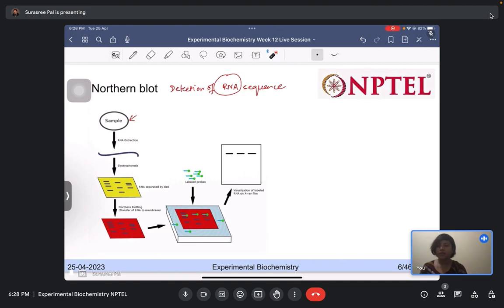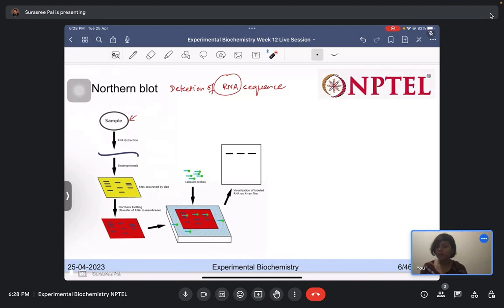This is a very similar protocol to southern blot, but the difference between these two is that southern blot is used to detect specific DNA sequence, whereas northern blot is used to detect specific RNA sequence.